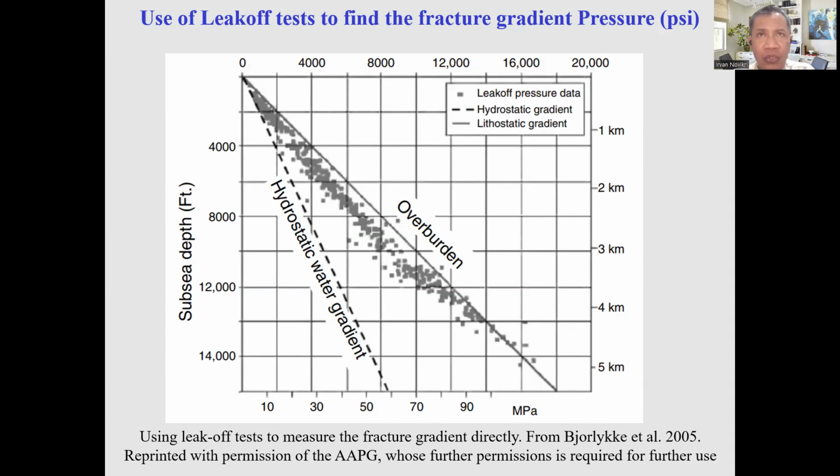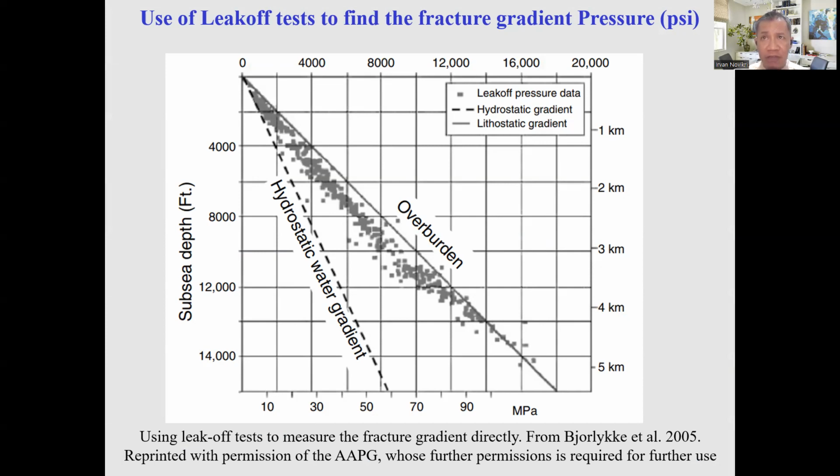Fracture gradient, which indicates the pressure at which rock fractures, can be estimated using an equation, but is typically measured through a test called leak-off test in a well. During this test, pump pressure is increased until fluid leakage into the formation is observed.